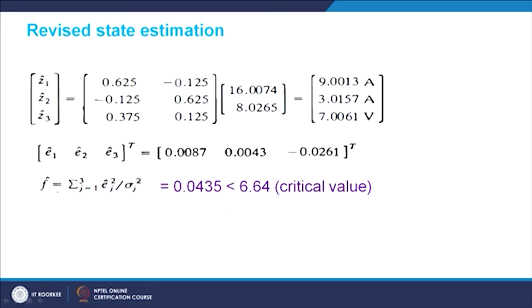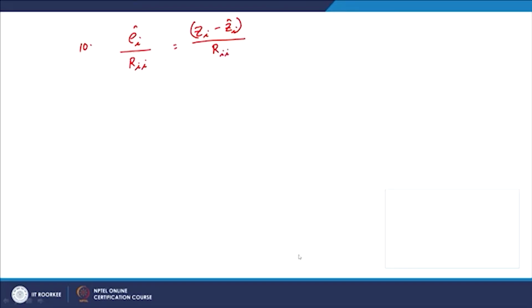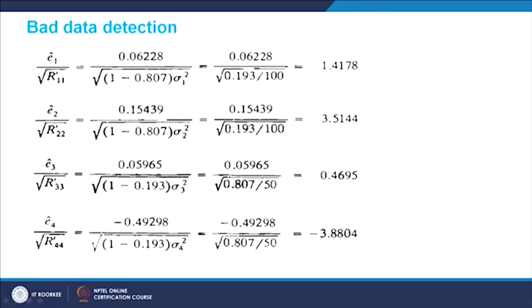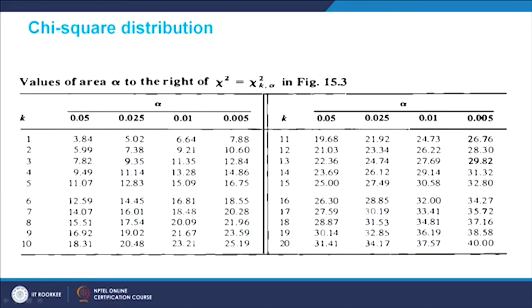And now what happens in this case? Now my m is 3 and n is equal to 2. So, my k is equal to 1, and if I keep alpha equal to 0.01, then if I look at this graph, for k equal to 1 and alpha equal to 0.01, this threshold value is 6.64.